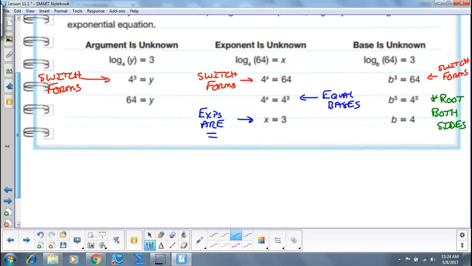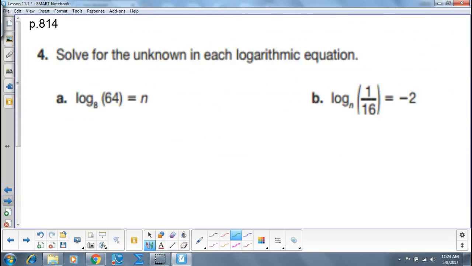Okay. Let's try it. So, solve for the unknown in each logarithmic equation. So, what's the first thing we need to do? Switch forms. So if I switch this form, I get 8 to the n power equals 64. Agree? Now you've got one of two questions that you could ask yourself.